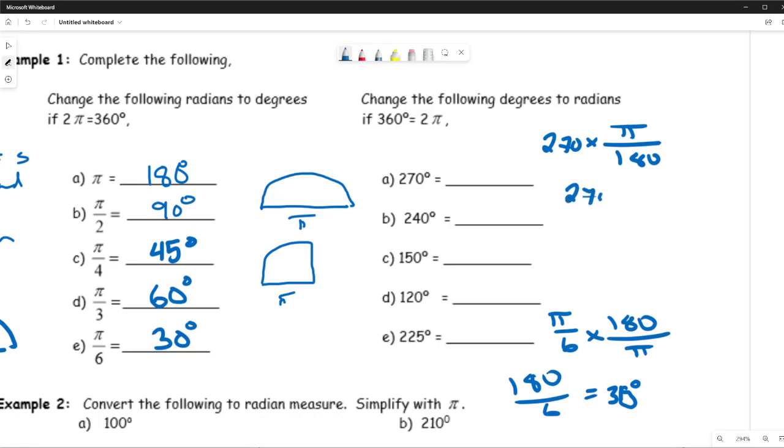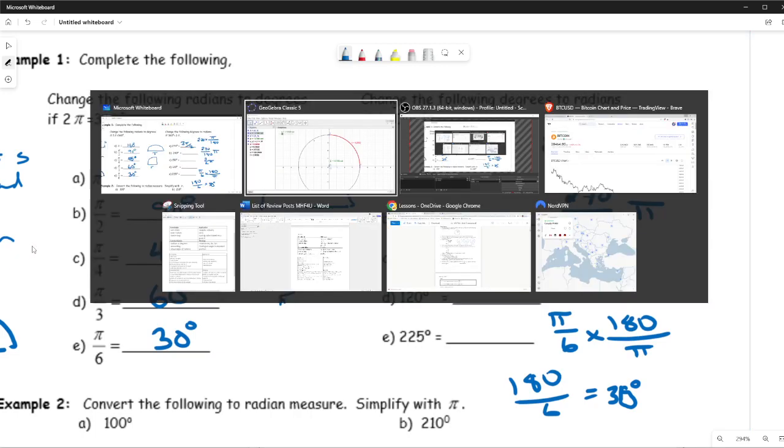I'm taking 270 over 180, finding out what that is as a fraction, and then leaving pi attached to it. If you divide 270 and 180 both by 90, you will get 3 divided by 2. So this first angle is 3 pi over 2, and that would represent a 270 degree angle.